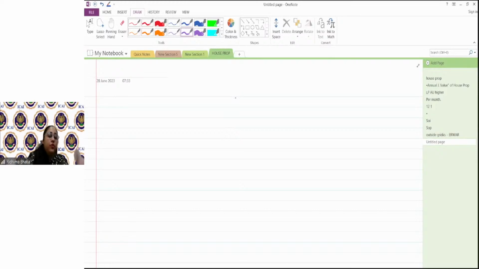Now, third, or I should say fourth scenario would be a scenario where we will talk about a property partly let out and partly self-occupied.